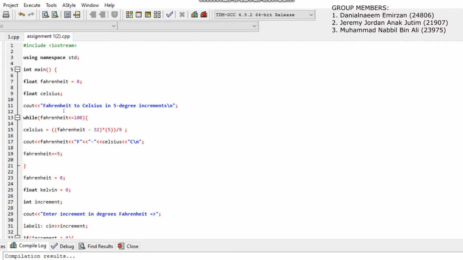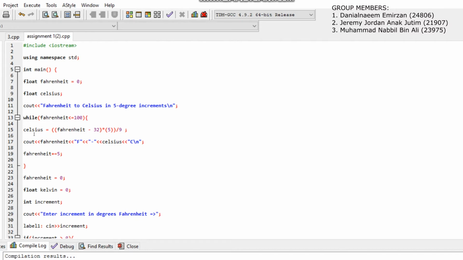So for this question we need to input Fahrenheit to Celsius in 5 degree increment. For this question we are using a while loop, and Fahrenheit is between 0 degree Fahrenheit to 100 degree Fahrenheit.